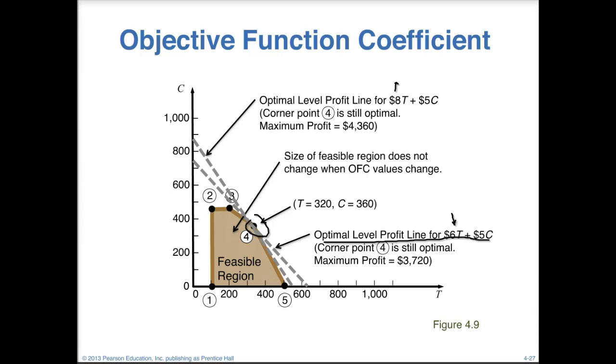And you see the size of the feasibility region doesn't change when that happens. But of course, the profits are different. You go down $1, profit goes down. You go up $1, of course, profit goes up. So we've already kind of seen this before. Just trying to put it all together.